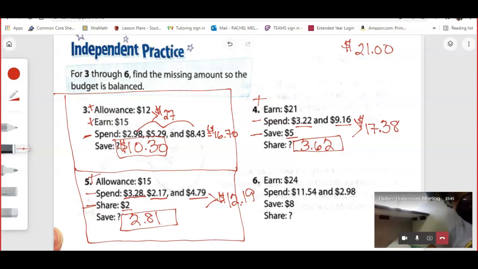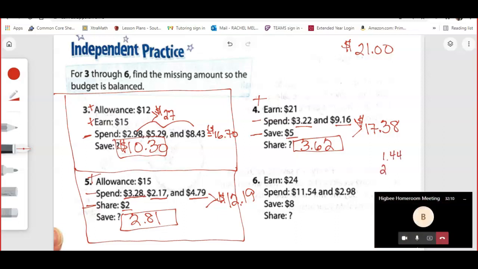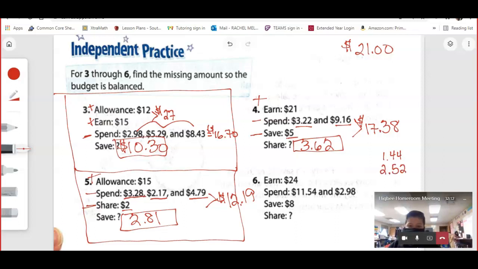All right, who would like to share your answer that you got? How much can he share? Jada? $1.44. $1.44. Did anyone get a different answer? Brandon, what did you get? $2.52. Okay. Did anybody get an answer other than one of those?